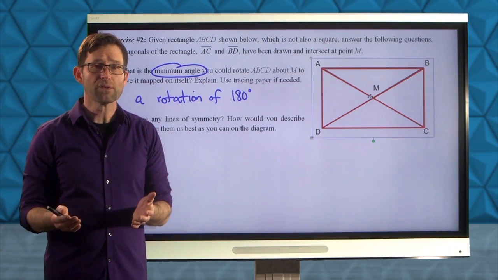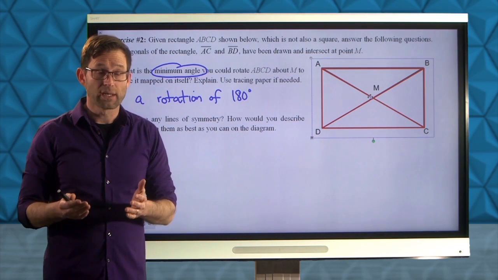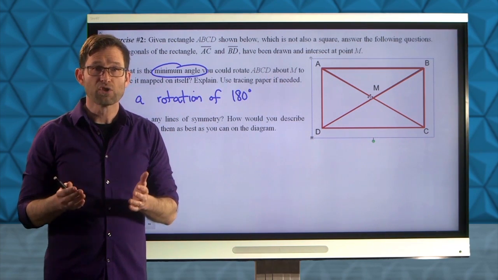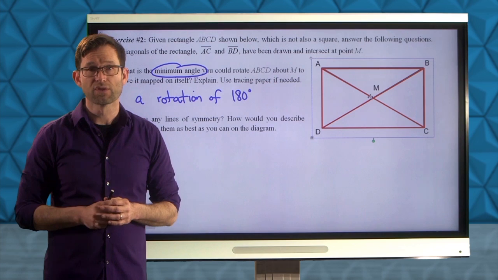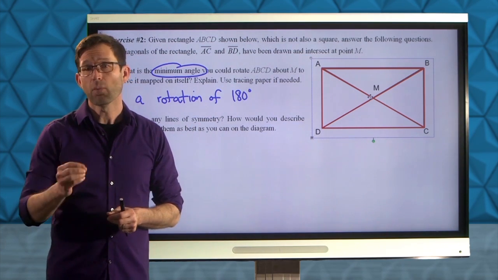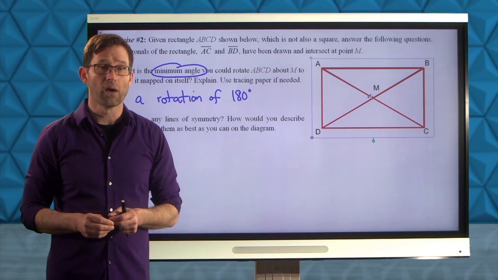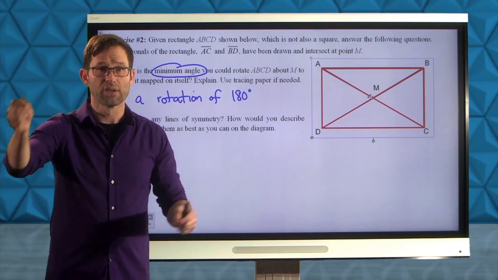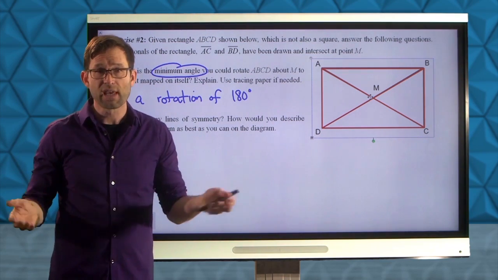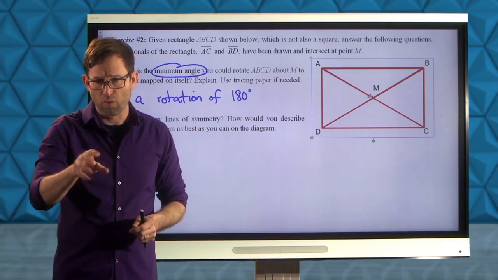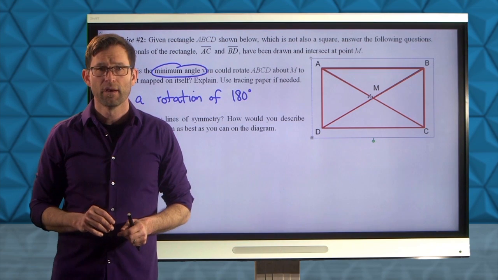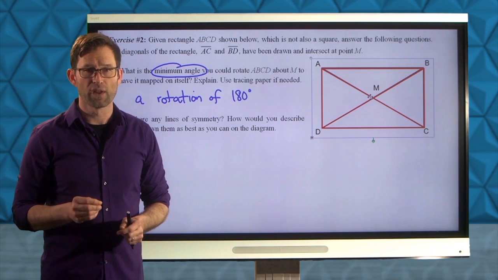That's because we can rotate any object, literally any object, by 360 degrees around its center point, and it will get mapped back onto itself, because a 360-degree rotation brings anything back to itself as long as you're rotating about some center point. That's why we had to have a minimum rotation.